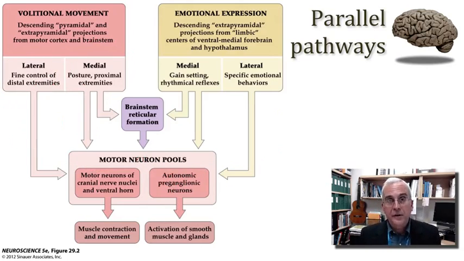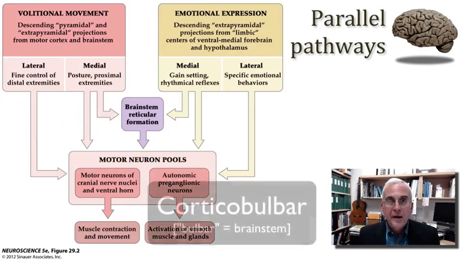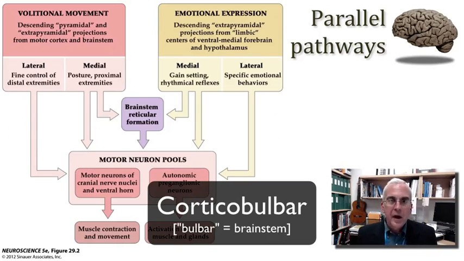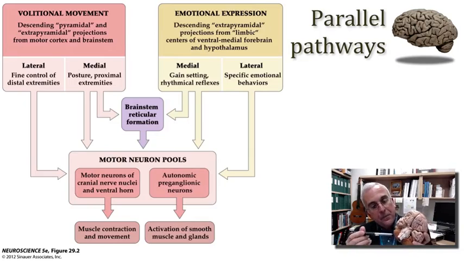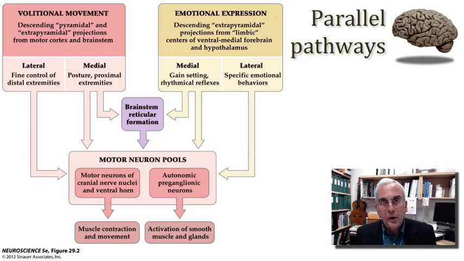Now there's another term I'd like to introduce, and that's corticobulbar. This is a bit of an odd term, I know, but what it refers to are projections from the cortex to the brainstem. This term bulbar often is used to refer to the brainstem, perhaps because of the way that the pons gives the brainstem the appearance of a bulb, perhaps. But nevertheless, the point here is that corticobulbar is to be contrasted with corticospinal. Corticospinal obviously refers to projections from the cortex to the spinal cord.